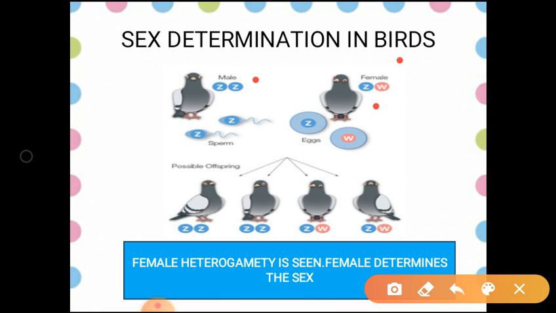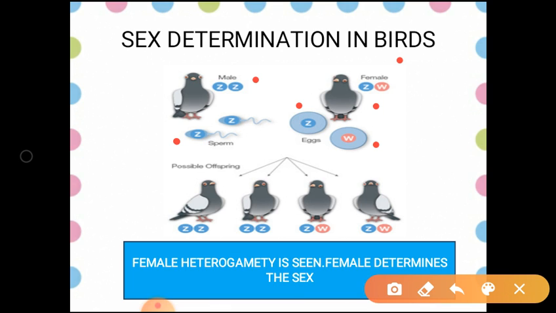Male is homogametic, so all the sperms consist of only Z chromosome, but 50% of the eggs have Z chromosome and the other 50% have W chromosome.